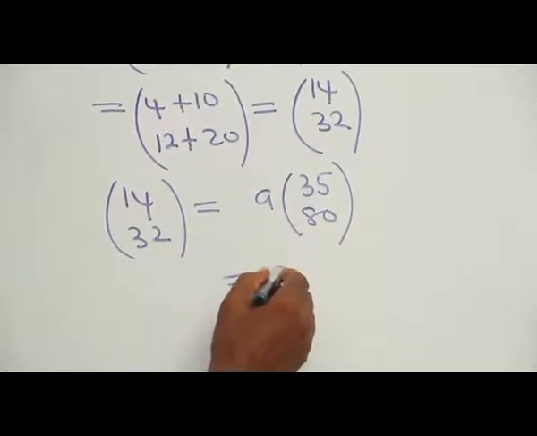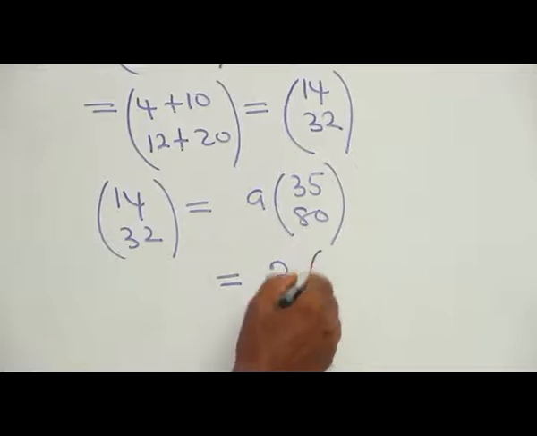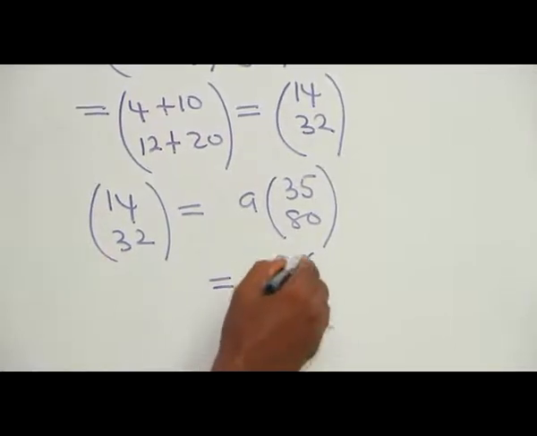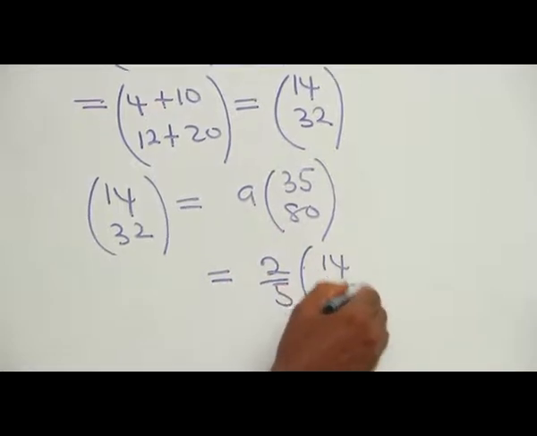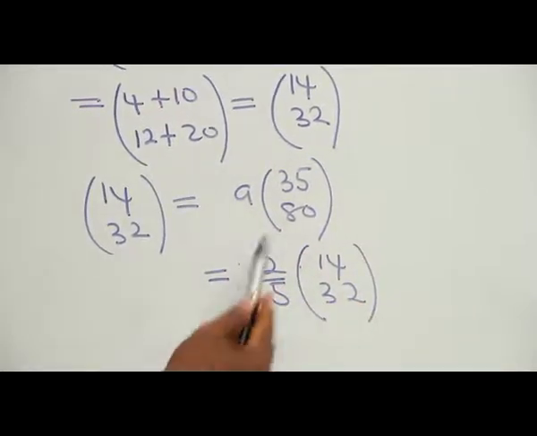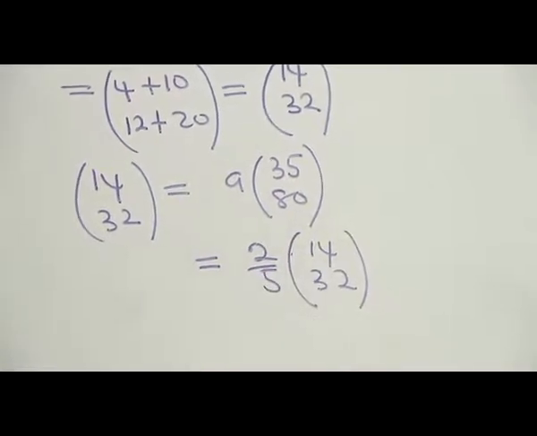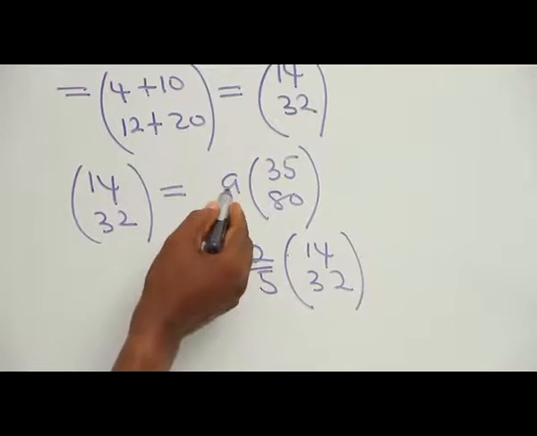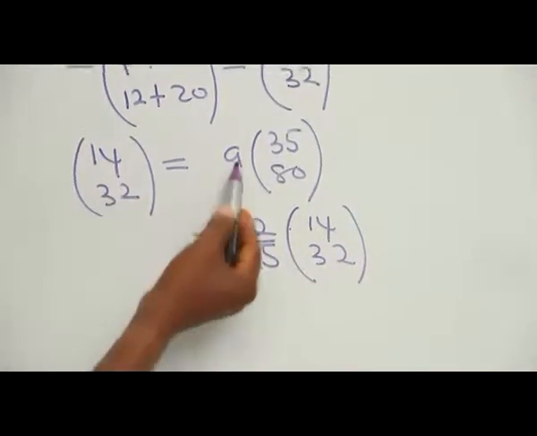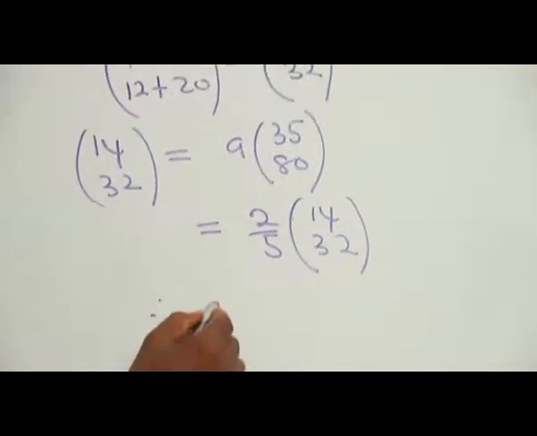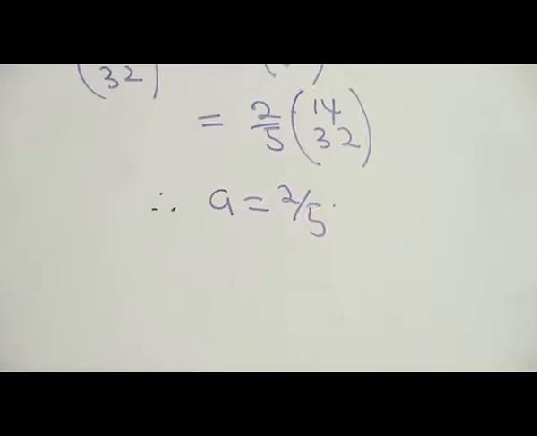This becomes 2 over 5 multiplying 14, and this is 32. This 35 over 80 can be written in this form. It therefore means that the A, this value now is equal to this value, so your A is equal to 2 over 5.